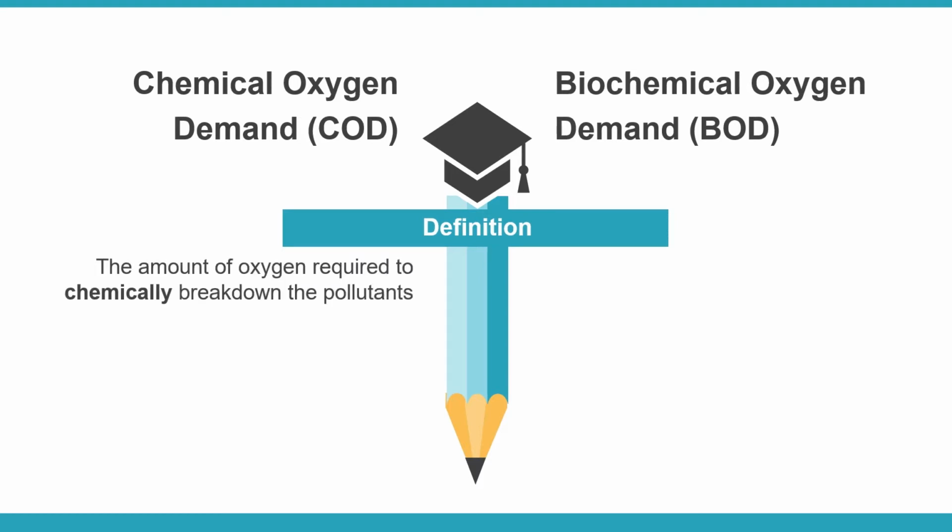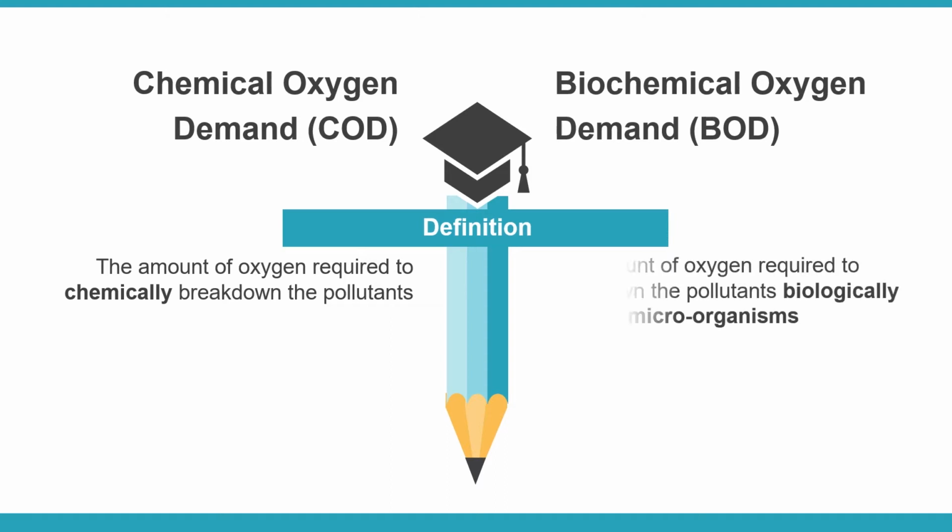COD is the amount of oxygen required to chemically break down the pollutants. Meanwhile, BOD is the amount of oxygen required to break down the pollutants biologically through microorganisms. Theoretically, COD analysis is a much faster and more accurate method.